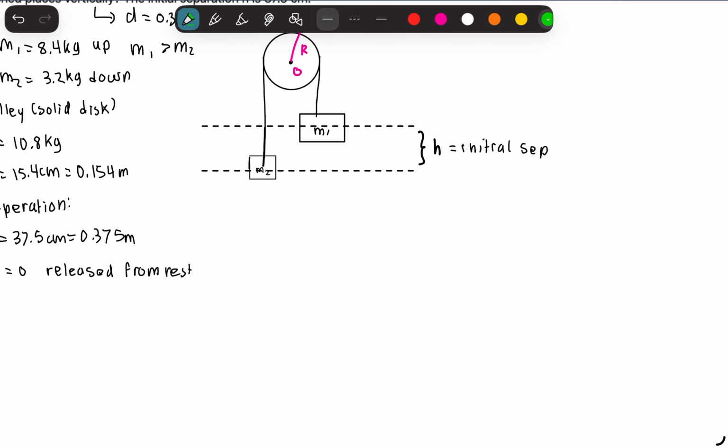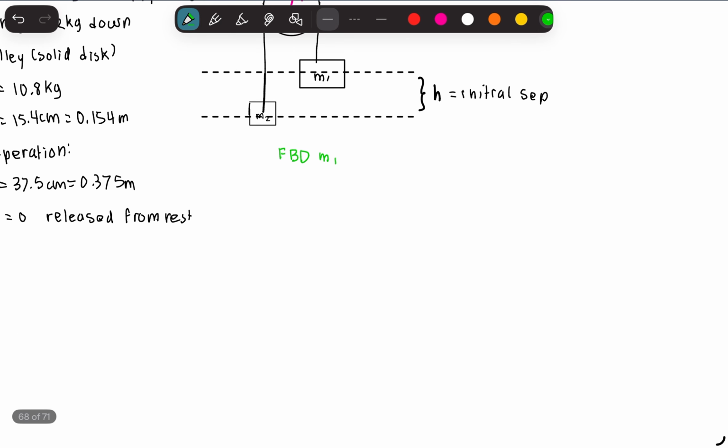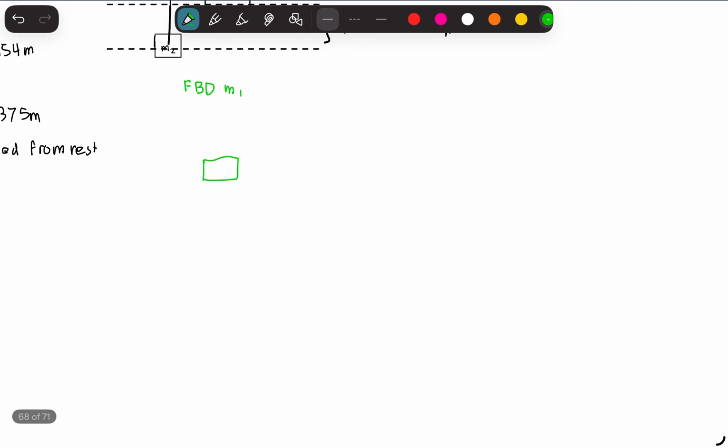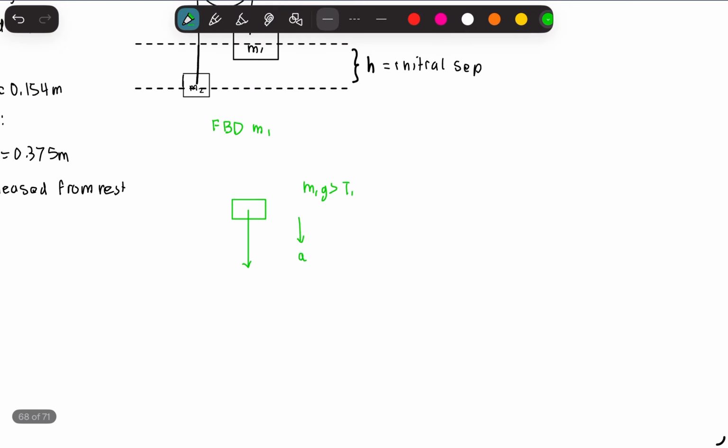The FBD we can draw. We know that M1G is going to be greater than T1 because it's going to be accelerating down. So our longer arrow has to be this one.